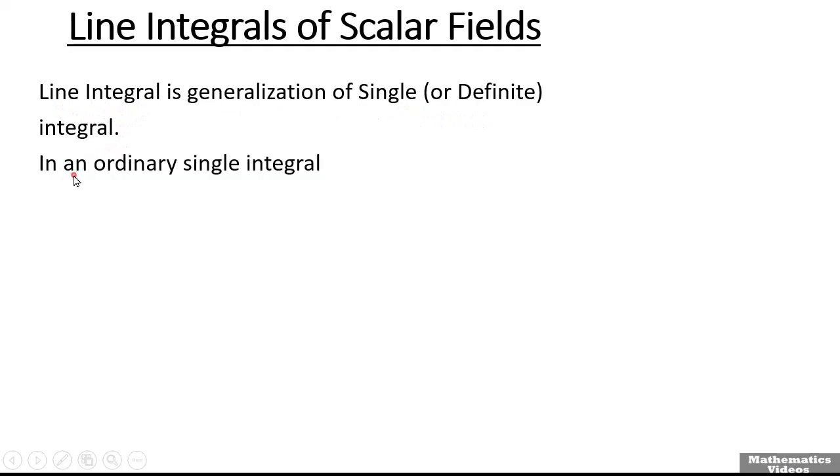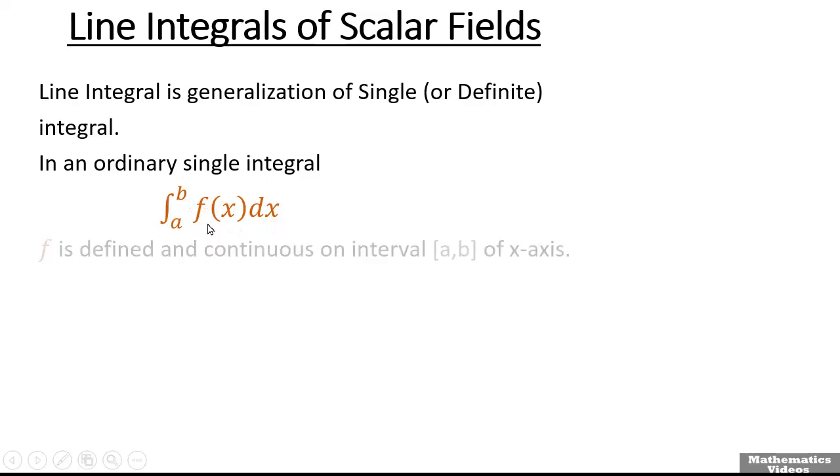We also know from basic calculus that in an ordinary single integral or definite integral, which is this one, this is the definite integral of the function f with respect to x on a closed interval from a to b, which lies on the x-axis. And this function f is defined and continuous on the closed interval from a to b of the x-axis.